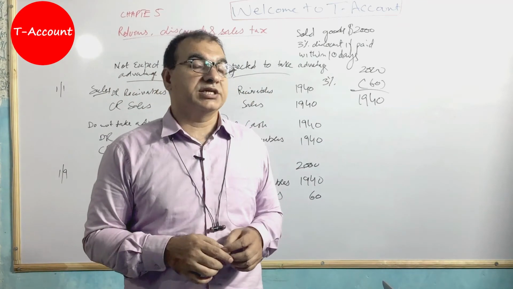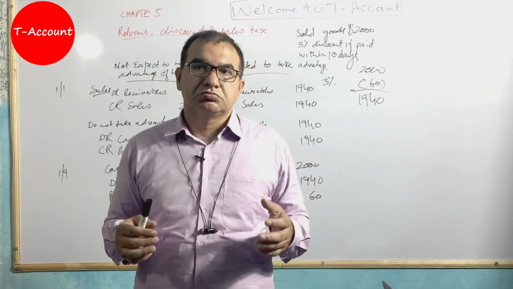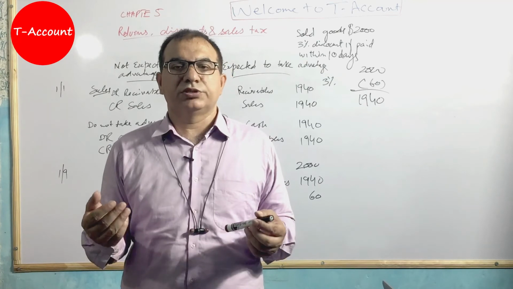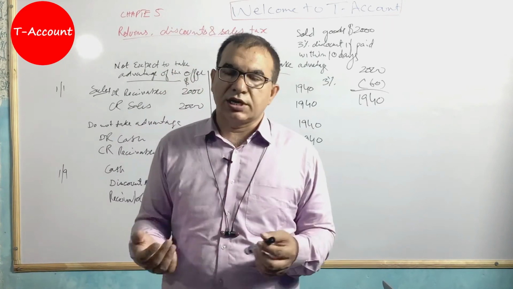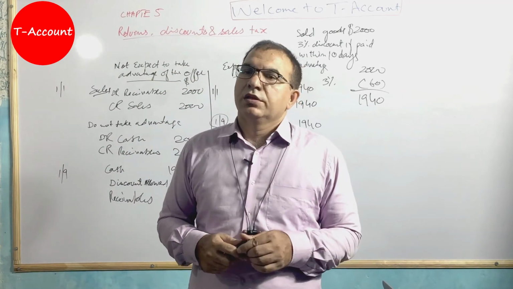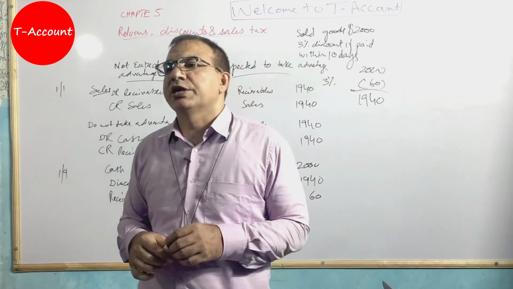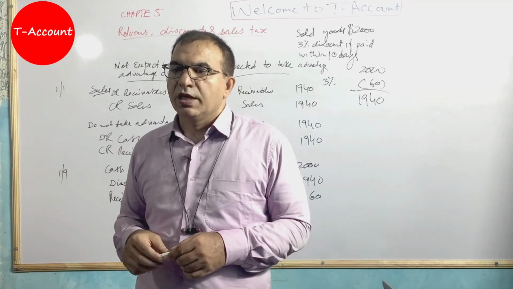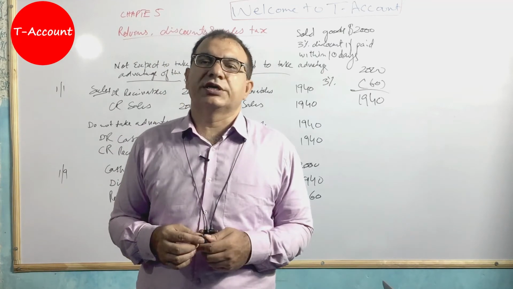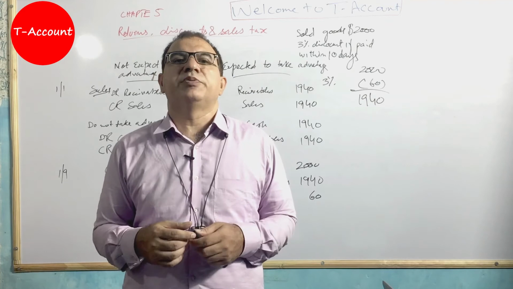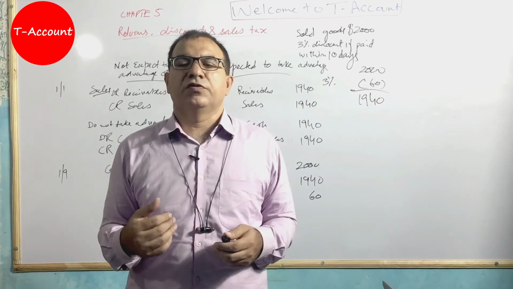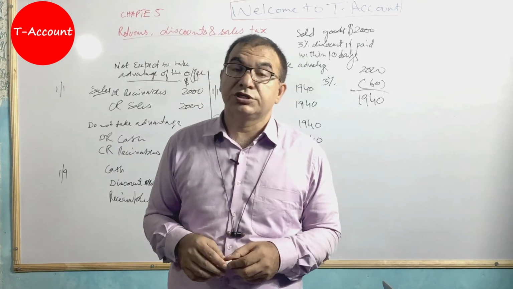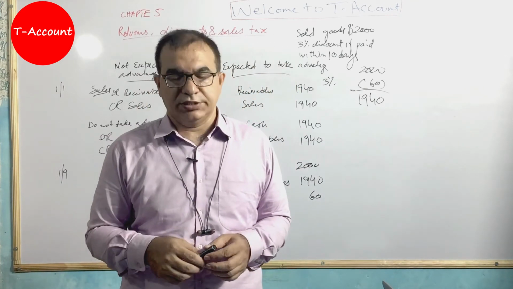Whereas cash discount, other names for that are prompt payment discount or early payment discount. This is the discount that you make at the time of receiving the payment. And this is used to encourage customers to make early payment, increase the recovery and reduce the risk of bad debts and other things.